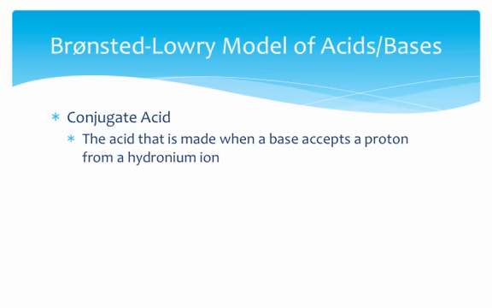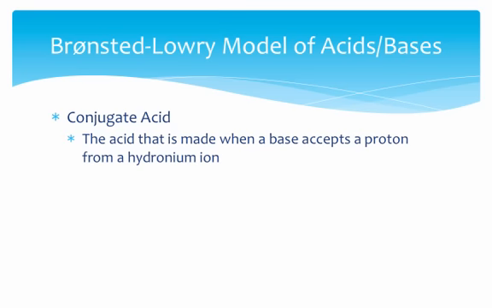Just to wrap up this discussion of the Bronsted and Lowry model, we have a couple new definitions we can talk about. We've already identified what an acid and what a base is, and now we're going to talk about their conjugate pairs. For example, a conjugate acid is the acid that is made when a base accepts a proton from a hydronium ion.